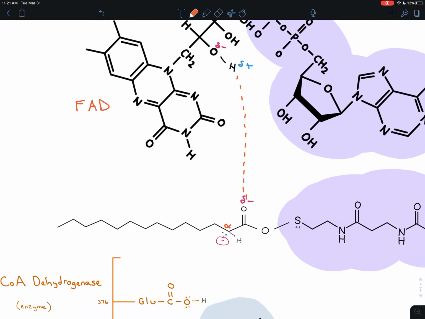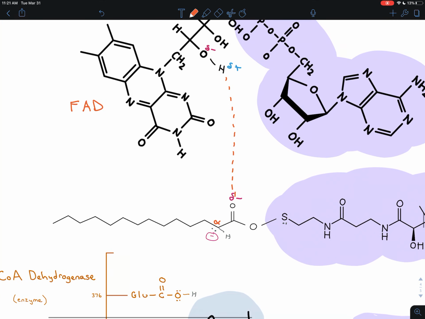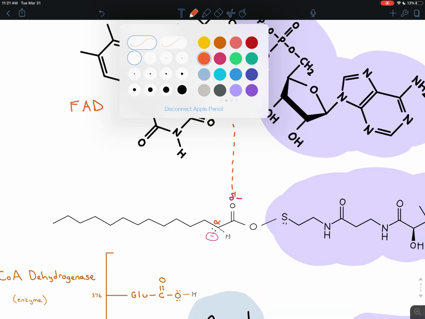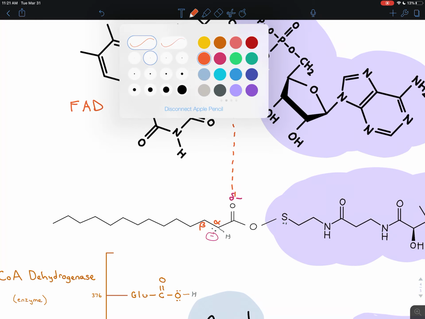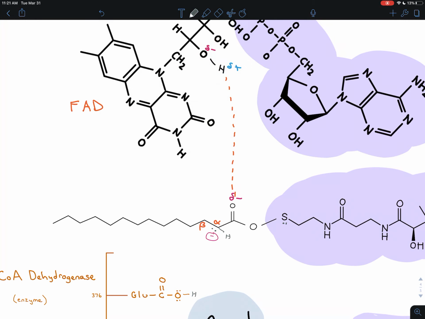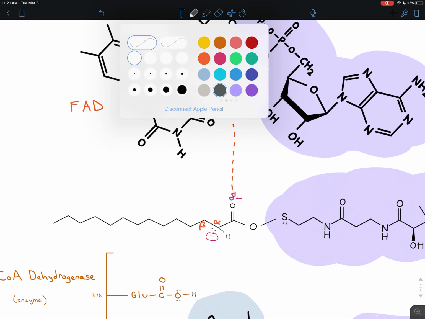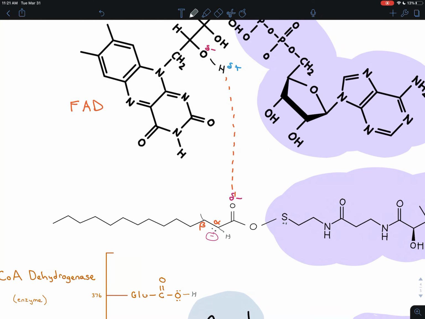Now remember that we're trying to create a bond between the alpha and the beta carbons here. We have the electrons to do it. These electrons right here would love to go there, but we need something to leave to make room for that to happen. Something has to leave the beta carbon here.